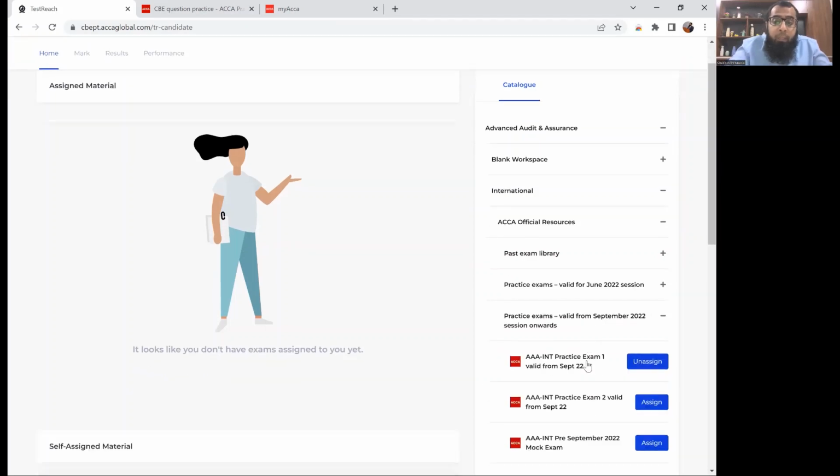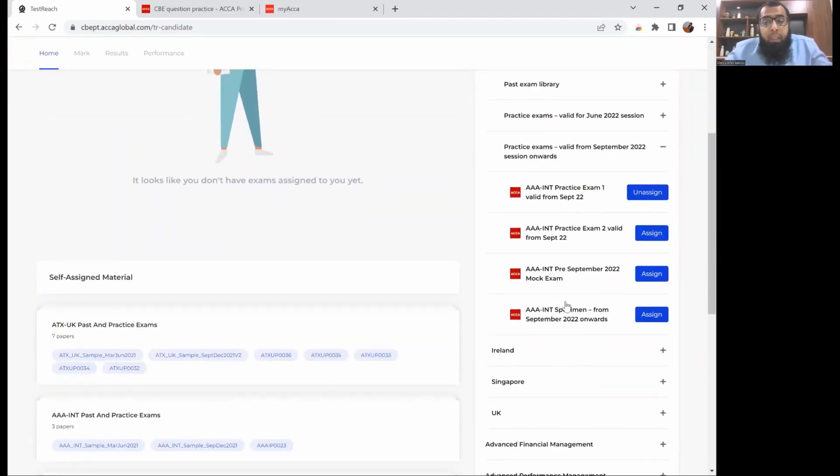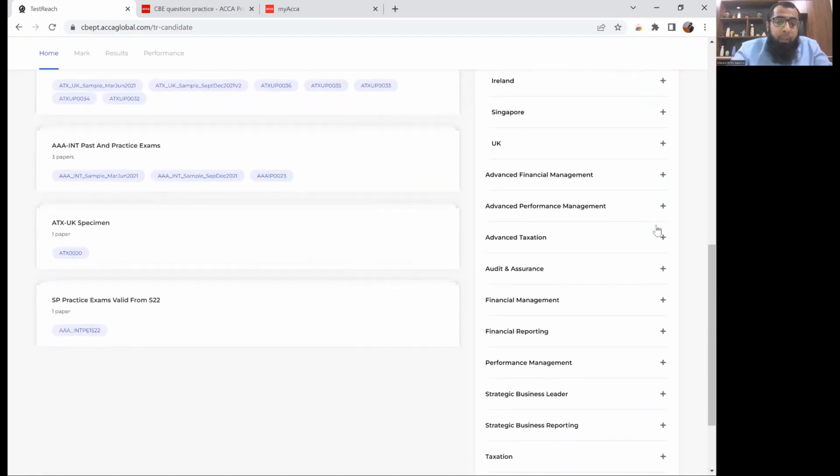You will click here, and here are the specimen exams: practice exam 1, practice exam 2, practice exam 3, and the specimen paper and the mock paper. So here is the list of papers given by the ACCA. You will click on assign, and then this paper will appear here.